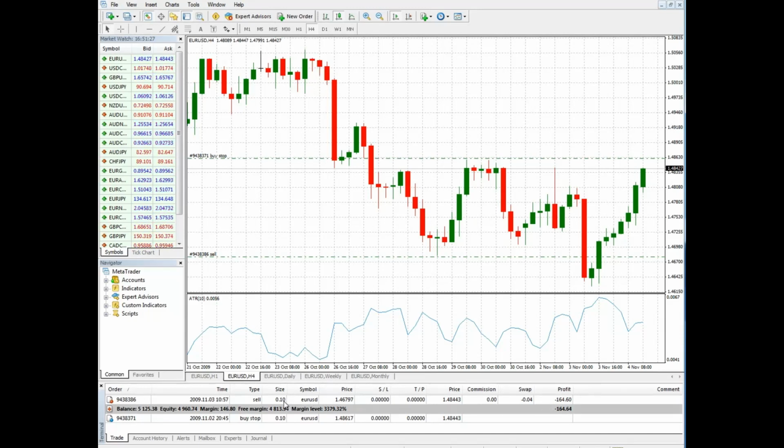We have the right lot size right here in order to take a number of losses and still have enough in our account to continue to trade. That buffer is very, very important because no matter how many good opportunities come along, if you don't have the money in your account due to poor risk control or whatever, then you won't be able to take advantage of those opportunities.